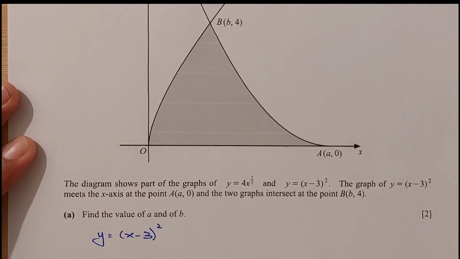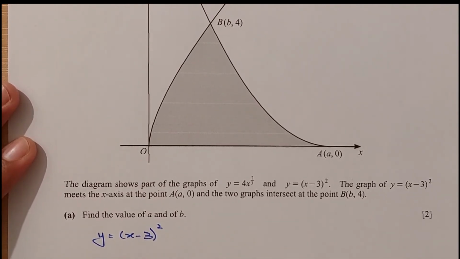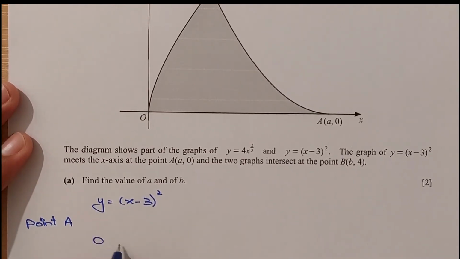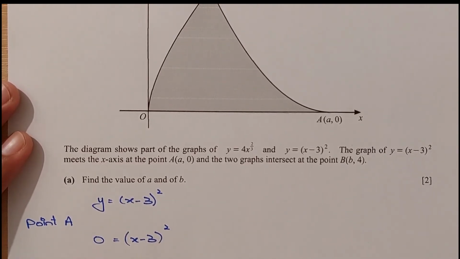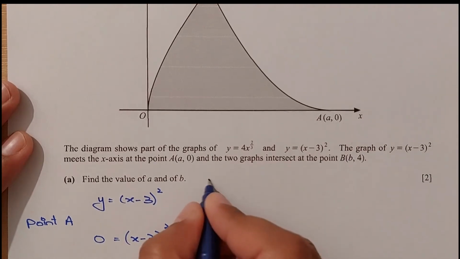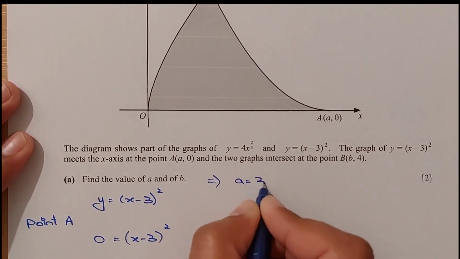So y equals 0 where it meets the x-axis, for point A. So x minus 3, squared, equals 0. Taking square roots on both sides, the square root of 0 is 0. So x minus 3 equals 0, so the x value equals 3, right? So we can say that at point A, x is 3 and y is 0. So a equals 3.